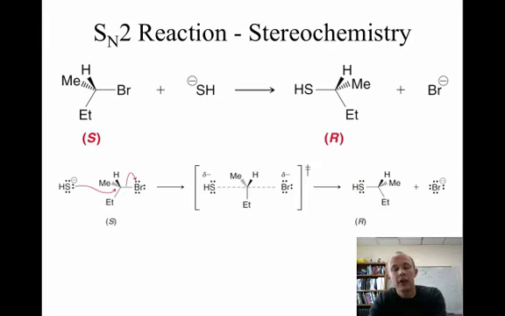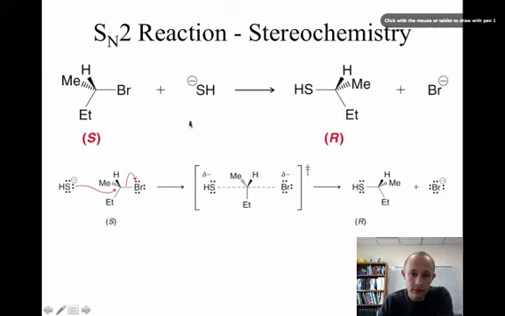Okay, so why do we care about which side of the carbon is getting attacked by the nucleophile? Well, it has implications in terms of stereochemistry. So if we start with this electrophile, it's in the S configuration. The nucleophile comes in and attacks, which flattens it out in the transition state and pushes the groups over to the other side. And notice now that we've changed the stereochemistry from S to R. This is a common feature of SN2 reactions, which we're going to call inversion.